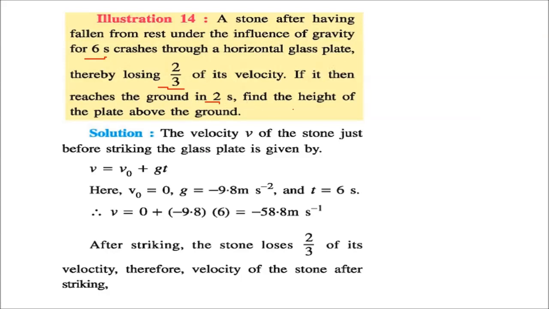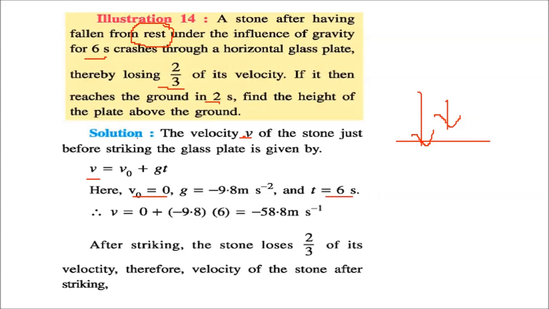So what is there? The velocity v of the stone, just before it strikes the glass plate, we take as v. The initial velocity is 0, because the stone is at rest when it is thrown, and the final velocity we assume to be v, because acceleration is always 9.8 meters per second square in this direction, and time is 6 seconds.